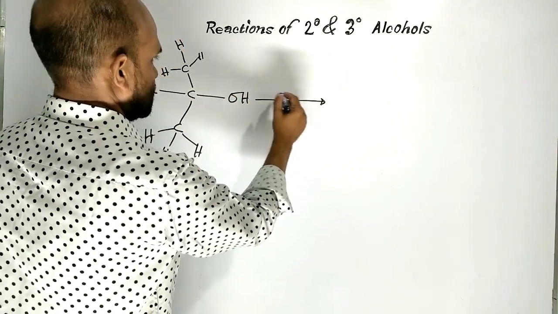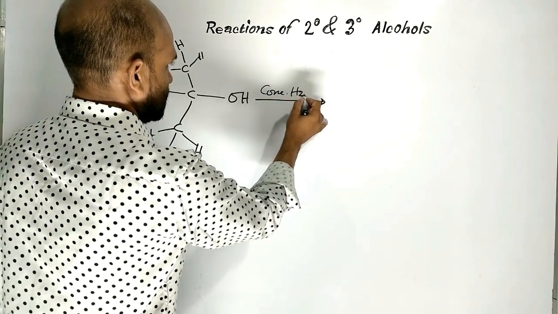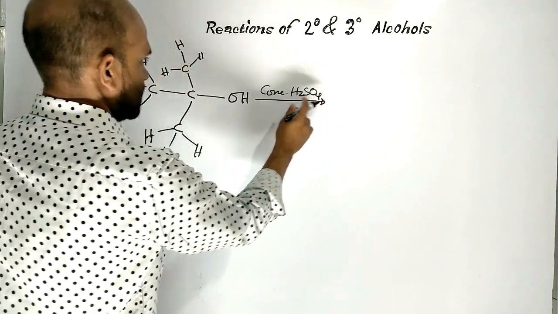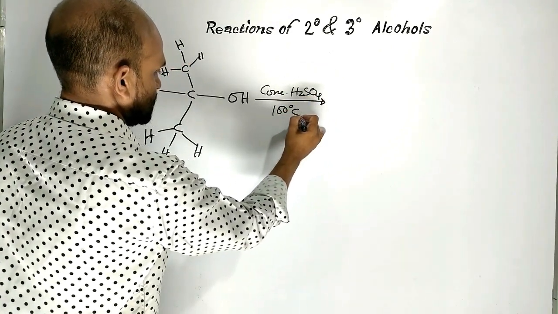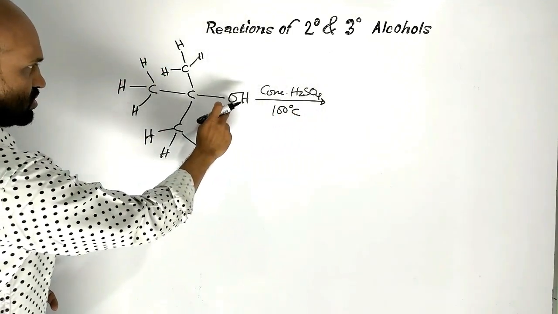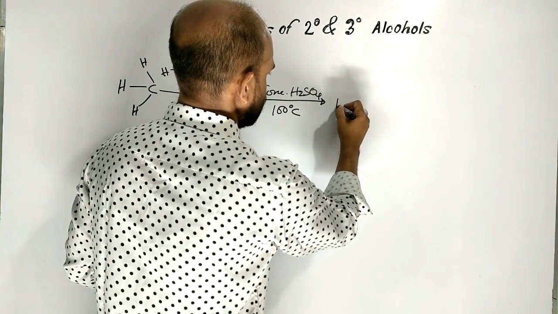When this is treated with concentrated sulfuric acid and the reaction is conducted at 100 degrees Celsius temperature, then first of all this oxygen of alcohol is protonated in this way.